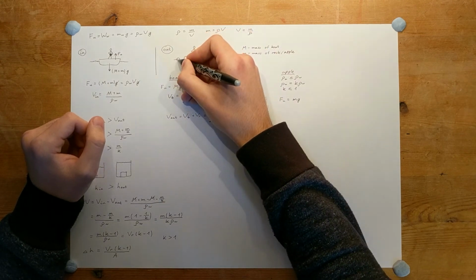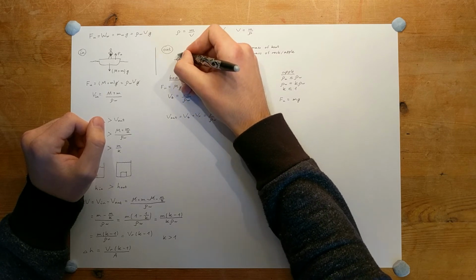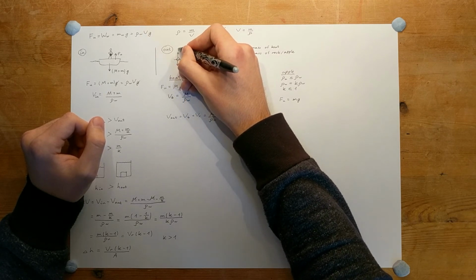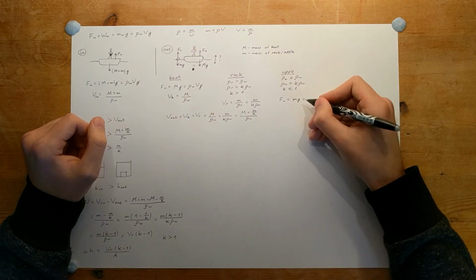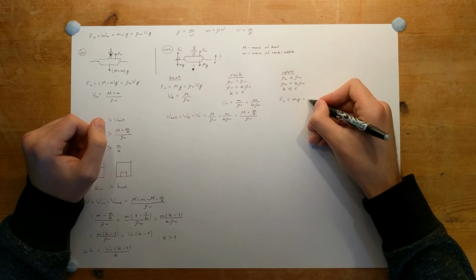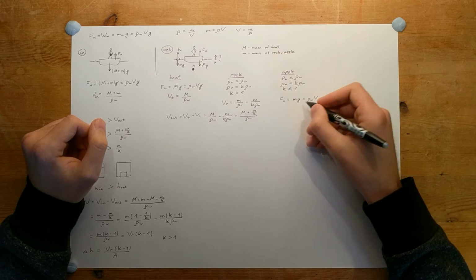This is its weight, mg, and this is the upthrust, and it floats. And it's also equal to rho vg, rho of water of course, times volume of water displaced times g.